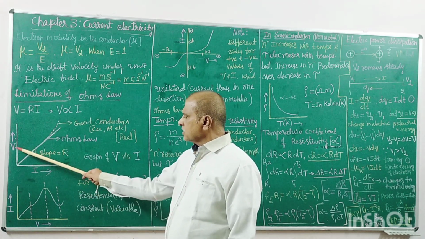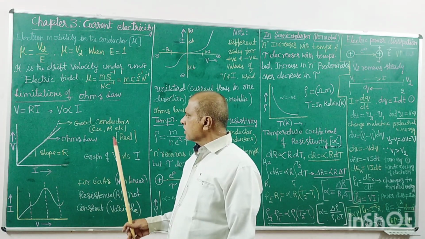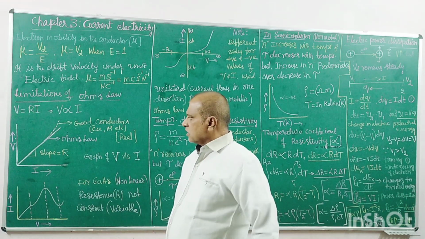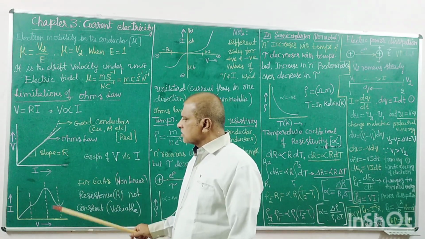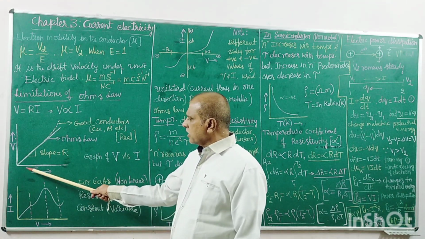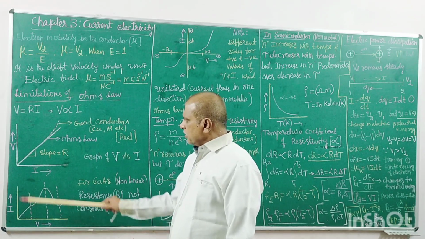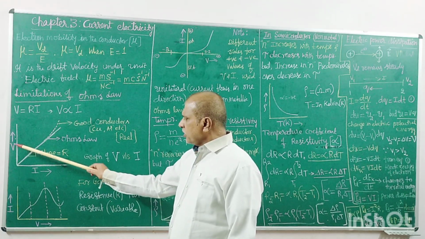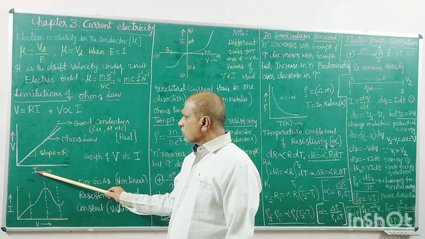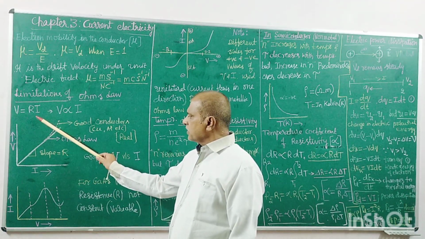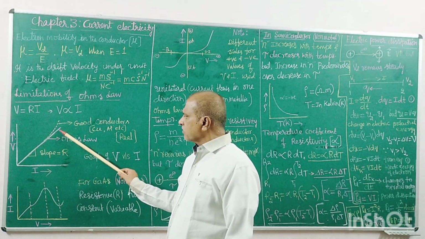By connecting these instruments to the conductor, we can measure the potential difference applied across it and the current flowing in the conductor. When we draw the graph between the values of V and I for the conductor, in accordance with the equation, it should be a straight line.